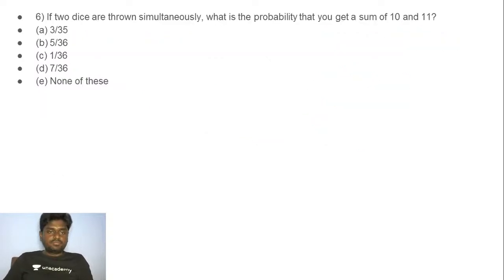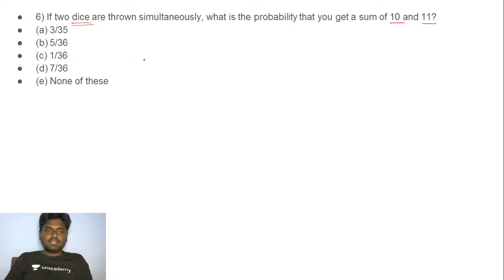Next question for you. If 2 dice are thrown simultaneously, what is the probability that you get a sum of 10 and 11? Okay, that's your question. So this is something related with the dice. Listen very carefully.